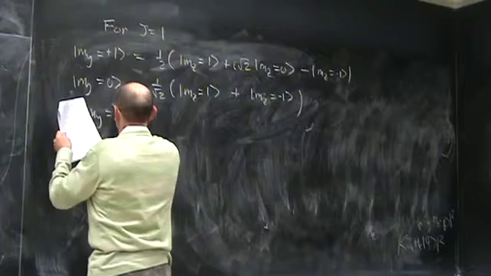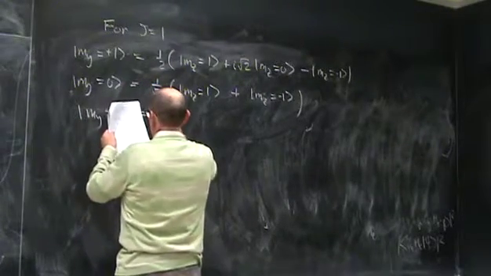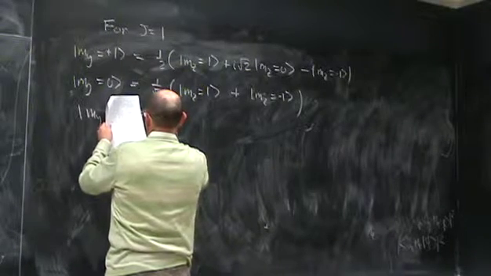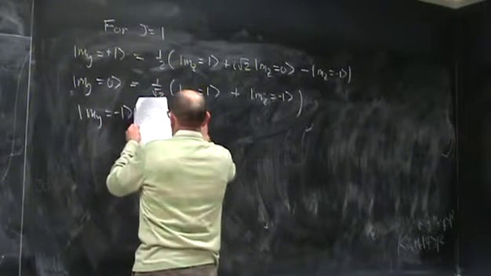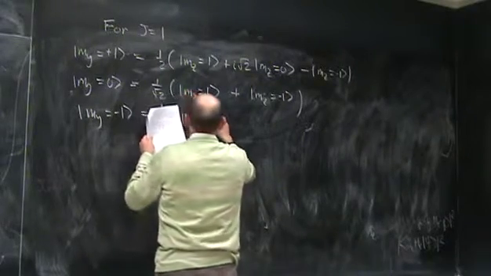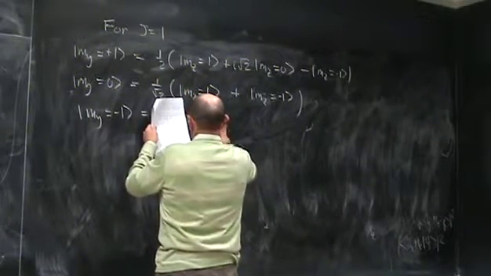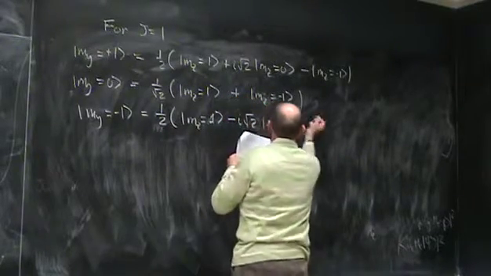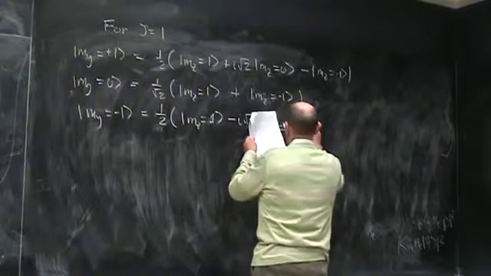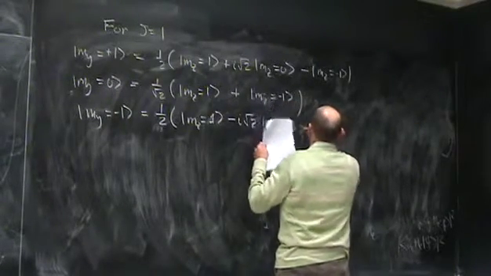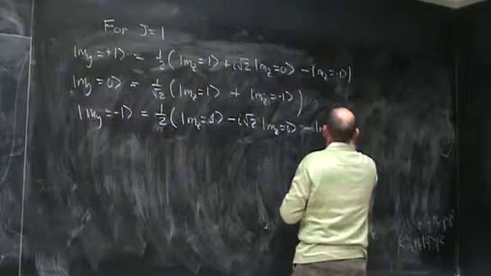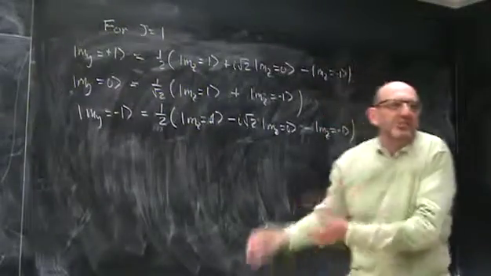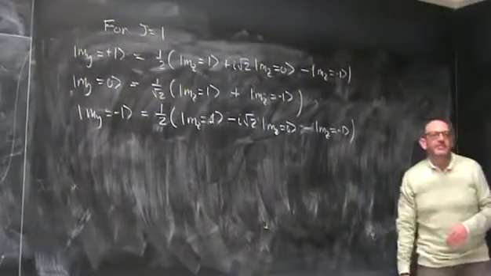My equals minus 1 is a half, mz equals 1 minus i root 2 mz equals 0 minus mz equals minus 1. Okay, so that's just a change of basis.